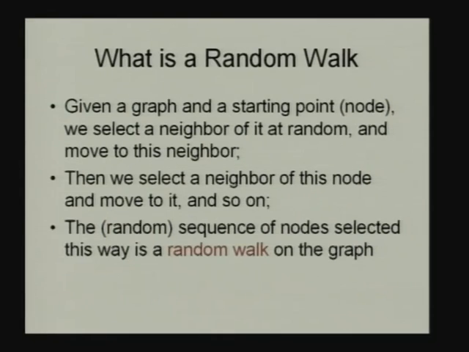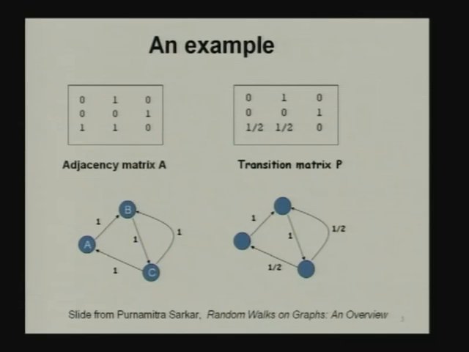Pictorially, it would be something like this. Here is a directed graph with 3 nodes A, B and C. There is only one edge from A to B, and therefore the probability of taking this edge is 1.